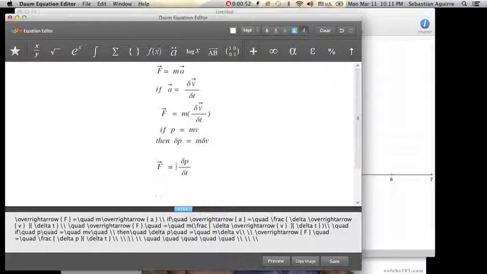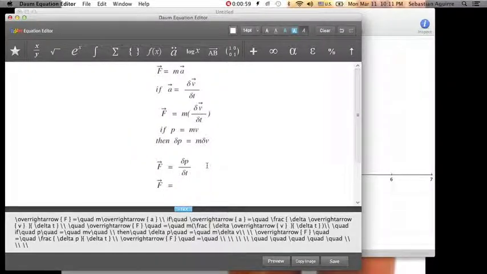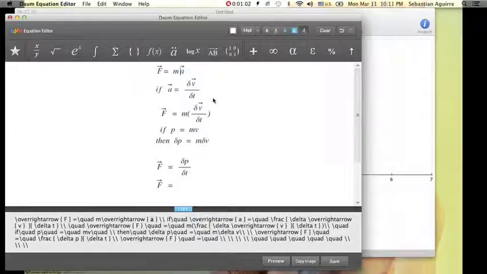We can also represent it as a differential equation, which is my favorite form of presenting it, because recall this item over here.